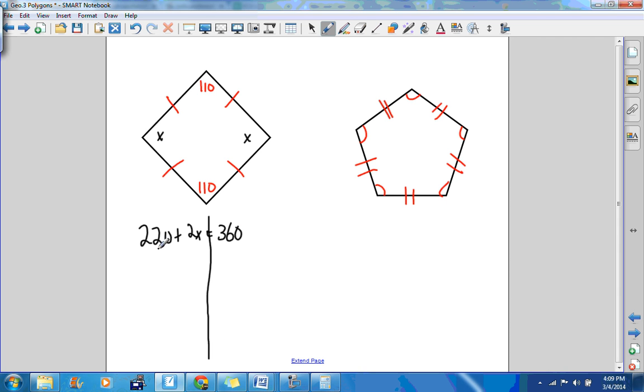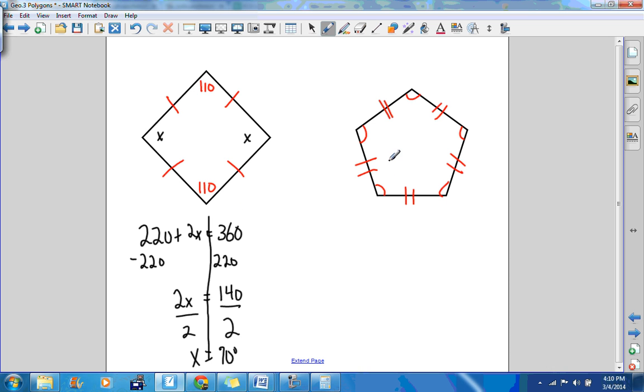Well, we learned how to do this a while ago. So I'm just going to subtract 220 from both sides. So I get 2x is equal to 140 degrees. Therefore, each x is equal to 70 degrees. Now, if you didn't write it out as this type of linear equation, that's fine, as long as you got x equals 70 degrees for each of these shapes.